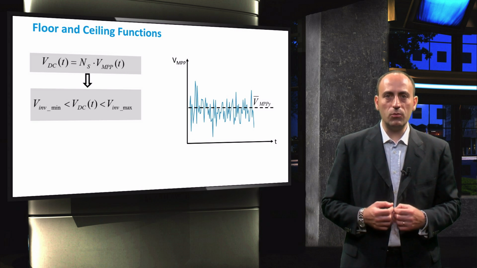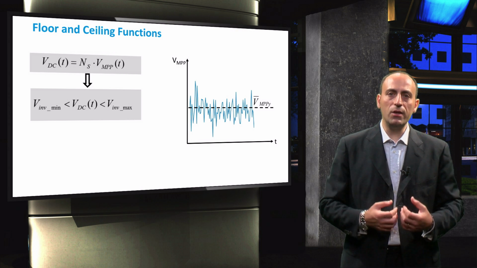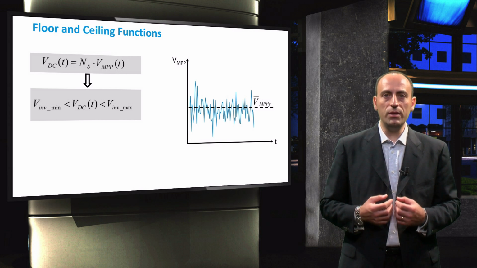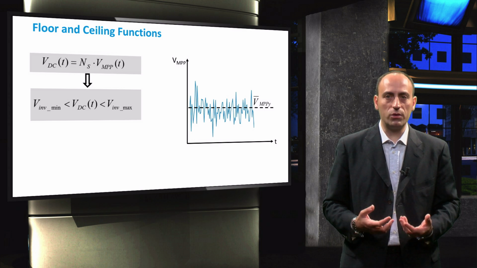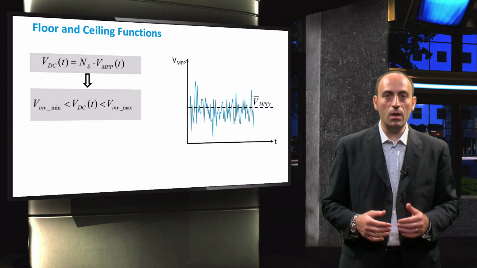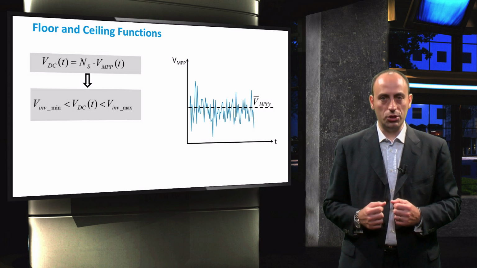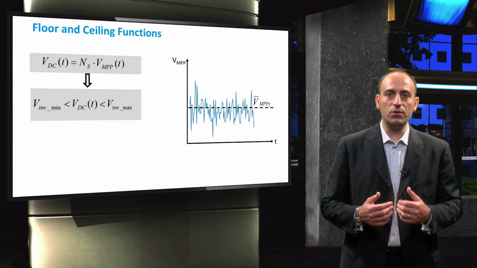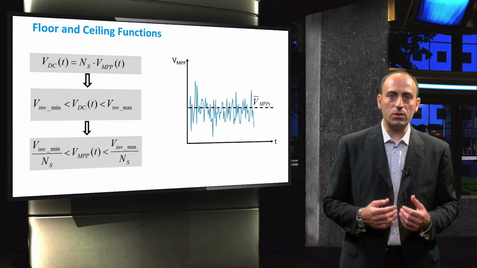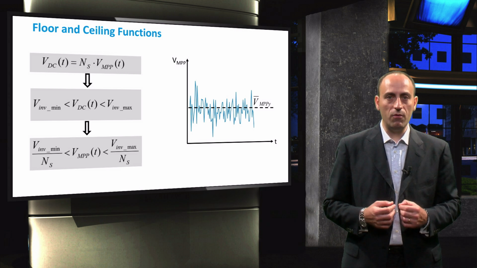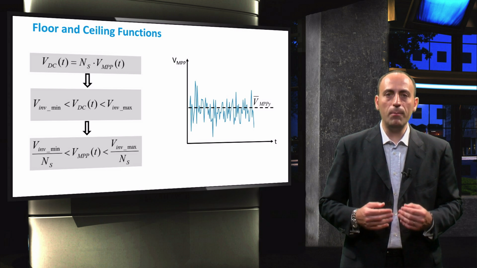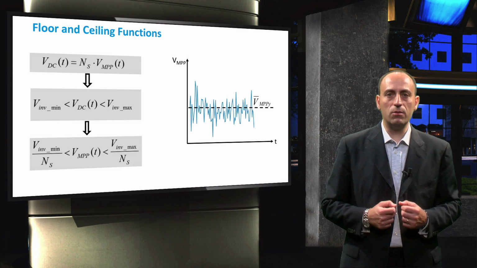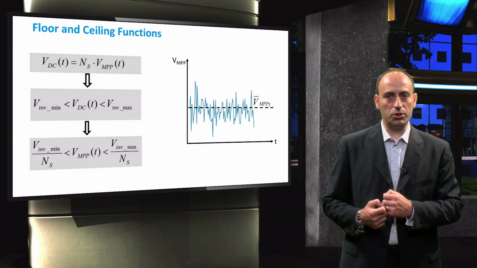For the PV system to perform effectively, the instantaneous PV string voltage should be within the inverter's operational voltage range at all times. This is indicated by the shown condition. By rearranging the terms, the voltage limits of an inverter for a single PV module are related to VMPP and the number of series connected modules according to the shown equation.